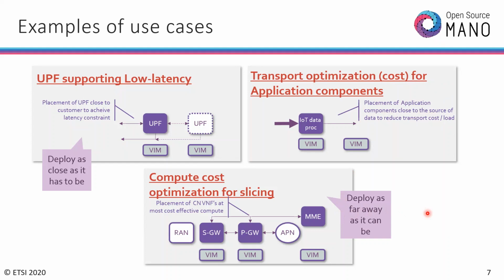And in the bottom, we have an example where we think about placement of LTE core network VNFs at the most effective compute. And this is actually quite interesting, because oftentimes we mentally think about this as deploy as close as it has to be. But you could also think about it as deploy as far away as it can be, because that might be cheaper.